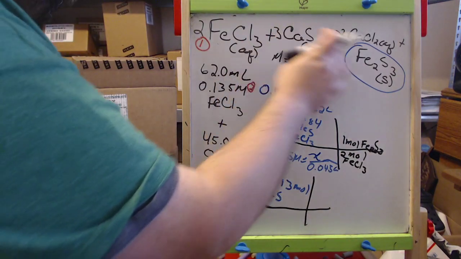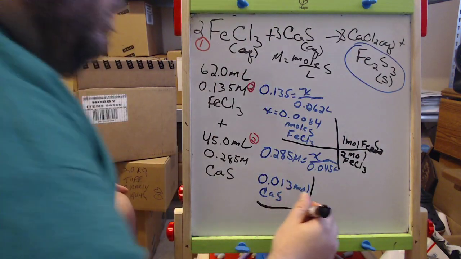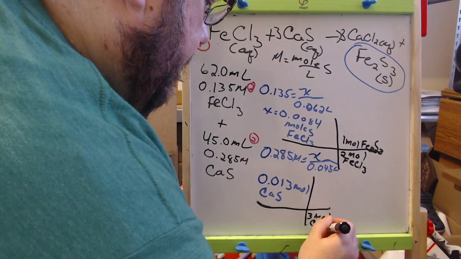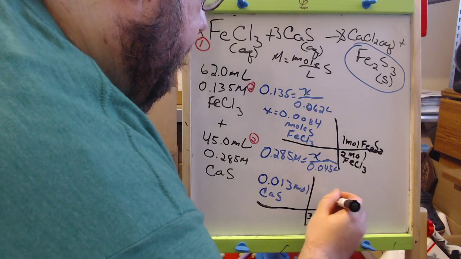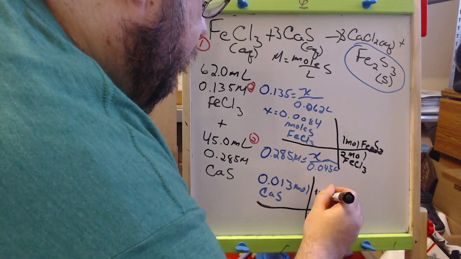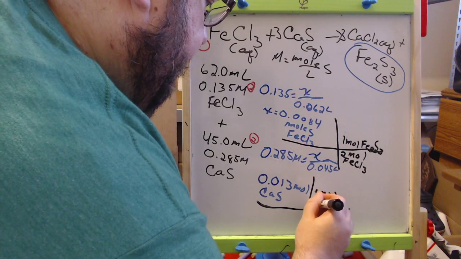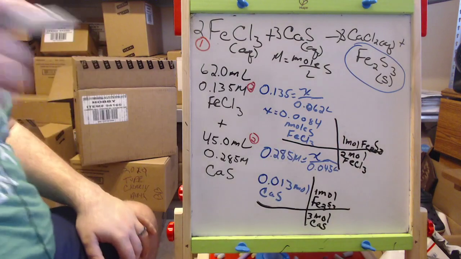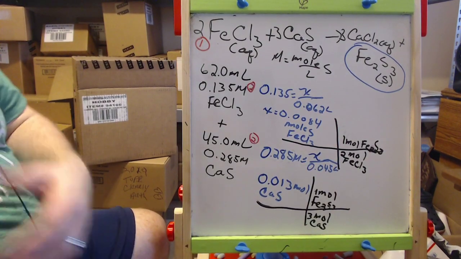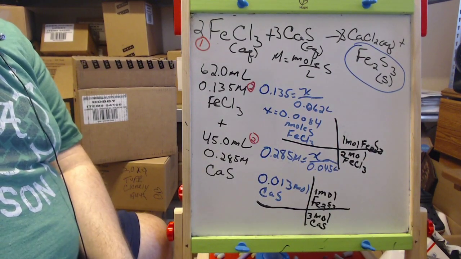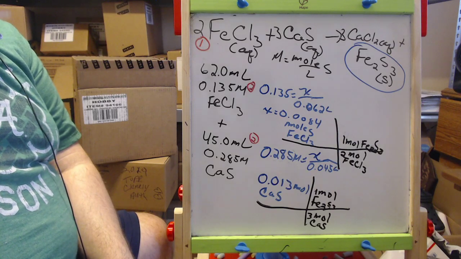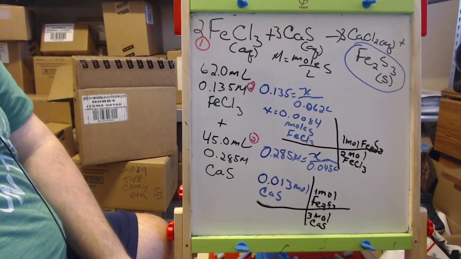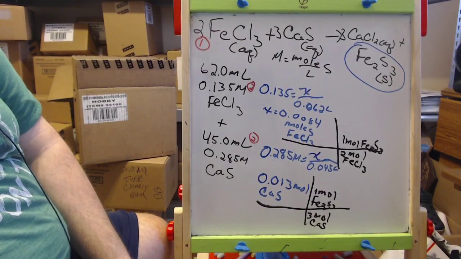My ratio of CaS to Fe2S3 is 3:2. So we do the math. 0.08.